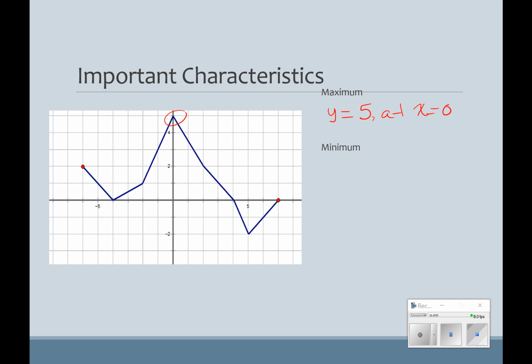My minimum is the lowest part on my graph, right here. And we would say my minimum is y equals negative 2 at x equals 5. But this is my minimum value, okay? So the y value is my minimum value.